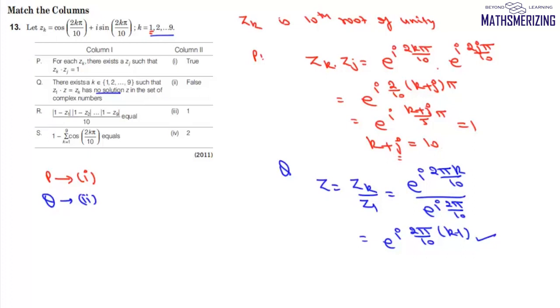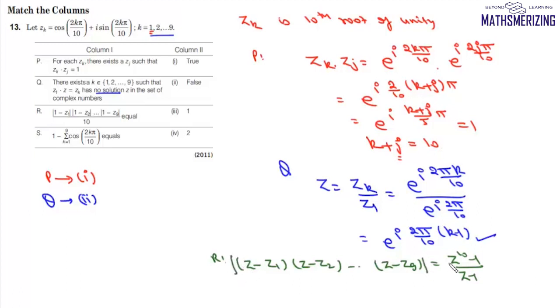Now we'll come to this R, which is mod of (1 minus z1)(1 minus z2)...(1 minus z9). Now we know that (z minus z1)(z minus z2)...(z minus z9) will be equal to (z to the power 10 minus 1) upon (z minus 1).